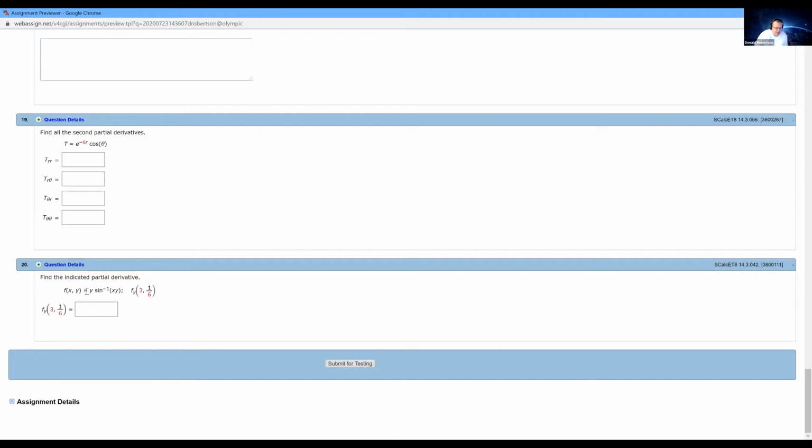Once you differentiate this thing with respect to y, won't you then plug in x equals 3 and y equals 6? And your answer in here is going to look like, I don't know, 14 inverse sine of 3 or something, right? It's just going to be a number. Does that make sense?